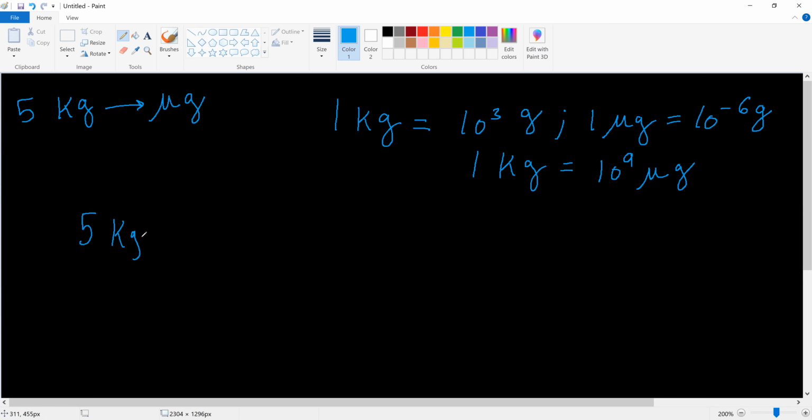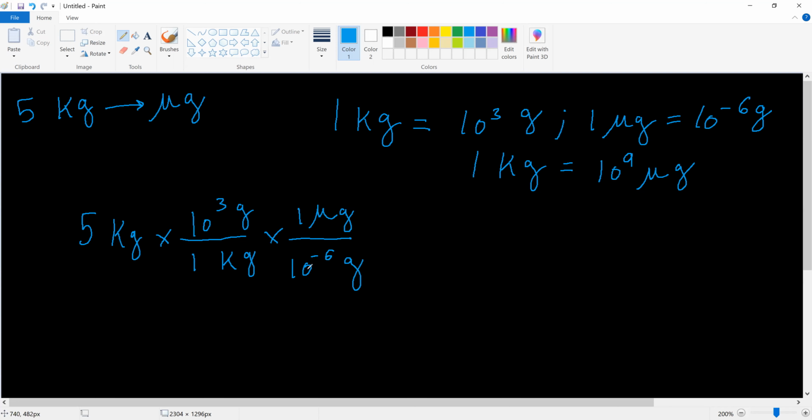We have 5 kilograms here. Now we want to cancel out these kilograms. So if we do it the long way, we can say for every 1 kilogram, we get 10 to the third grams. And we know that for every 10 to the negative 6 grams, we have 1 microgram.